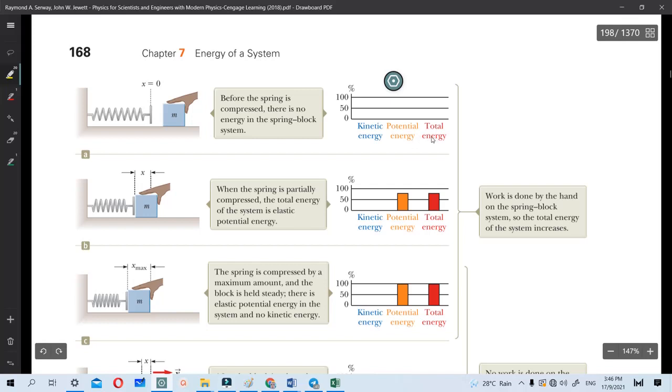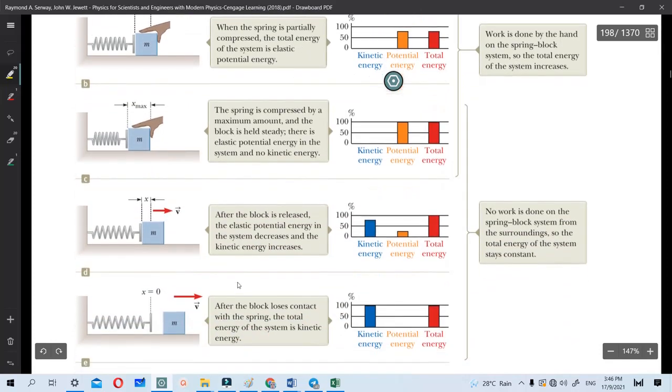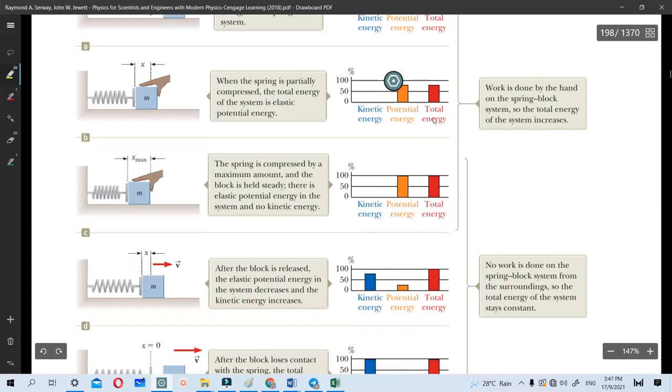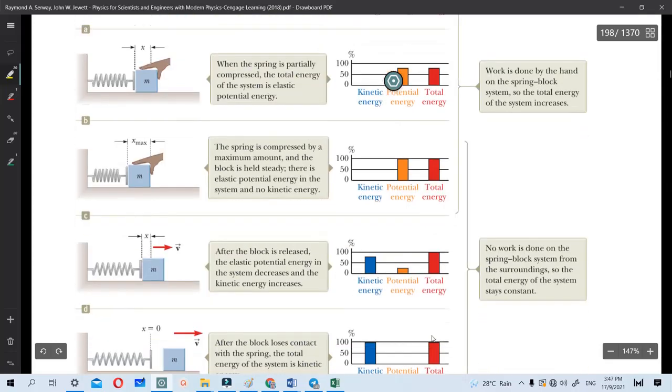Now, by not touching or doing anything to the spring, you find that the energy of the system is considered as zero. When you do compression and after that there was movement, you find that there will be energy involved here, and the amount is equivalent.